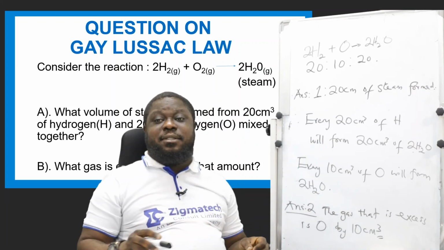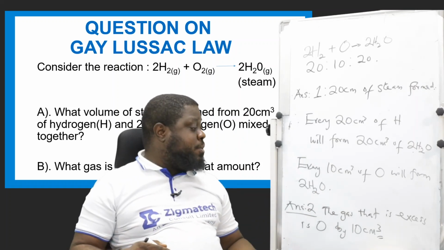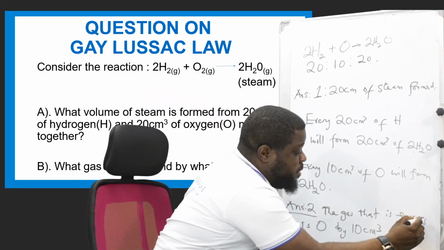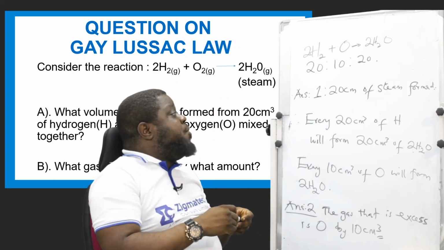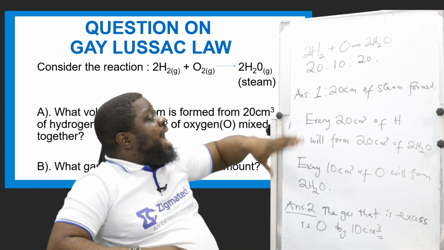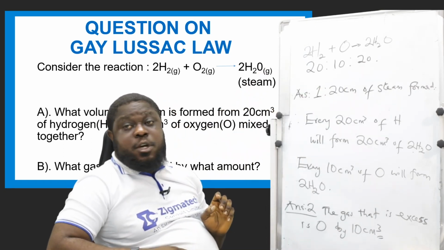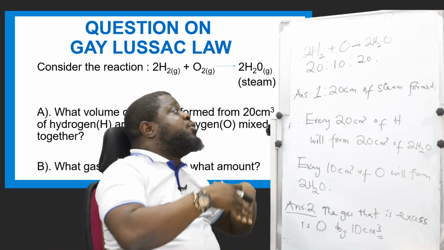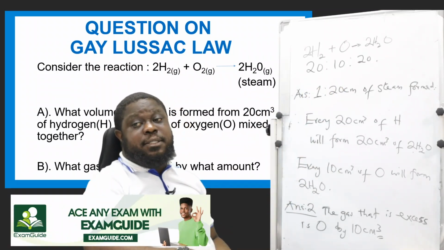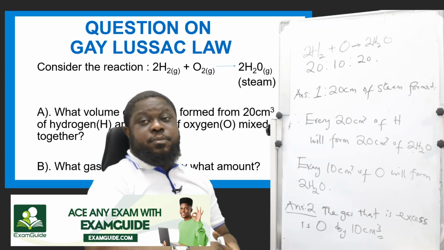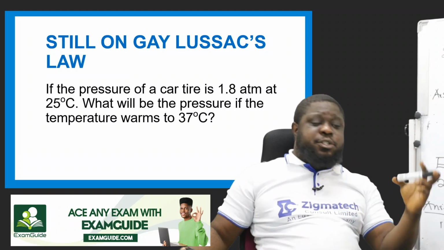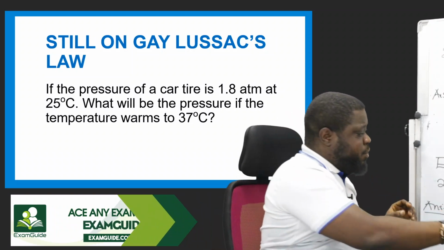If you check very well, you will know that we've already gotten the hydrogen as 20. Okay? And the steam too is 20. So they are equal. Now the one that is in excess is the oxygen by 10 centimeter cube. Now, you've gotten to know, still on the Gay-Lussac's law, let's solve a particular one again.